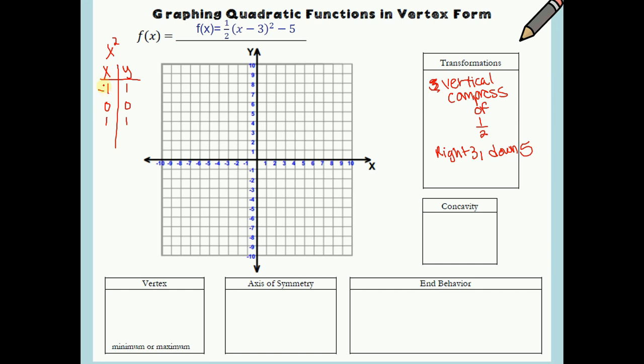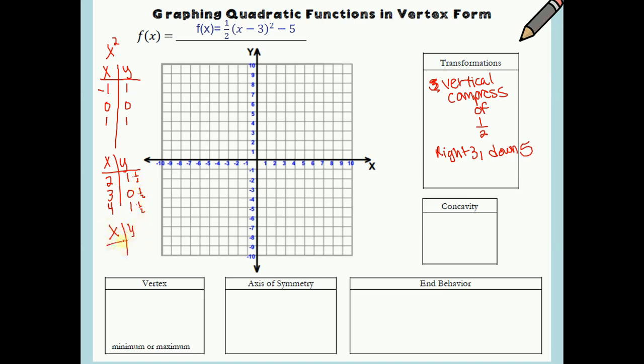So if I move right 3, aka I'm going to add 3 to each of your x values, that would be x values of 2, 3, and 4. Y values have not changed, however. Then what would happen is we would make our vertical compression of that 1/2, aka multiplying all of our y values by a half.